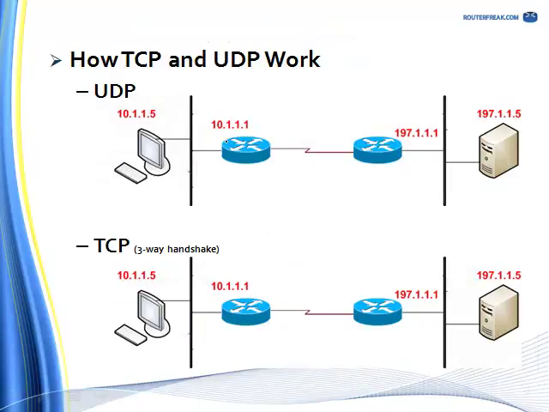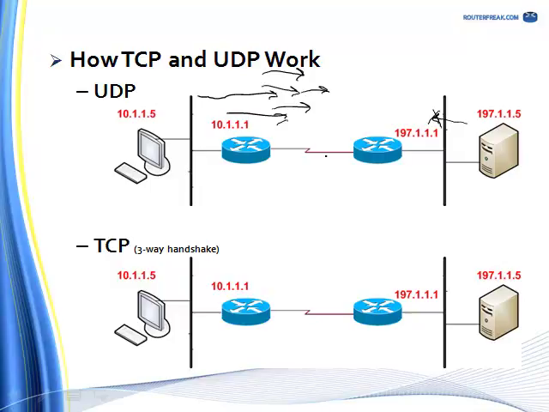What are the differences? With UDP, we're just going to send a packet that way and hope it gets there. The other server at the other end never lets us know, doesn't ever send us anything to let us know whether they received it or not. We just keep sending packets over and over again, and we never are told whether it gets there.